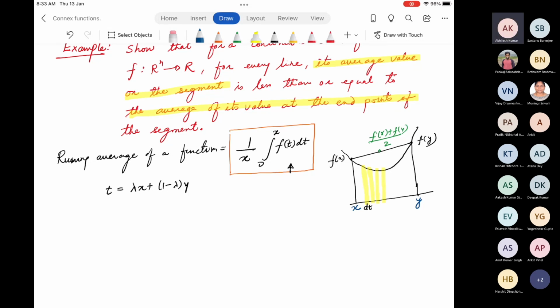Okay, let me write an expression and see if you can understand how we got this. This is what we need to prove.